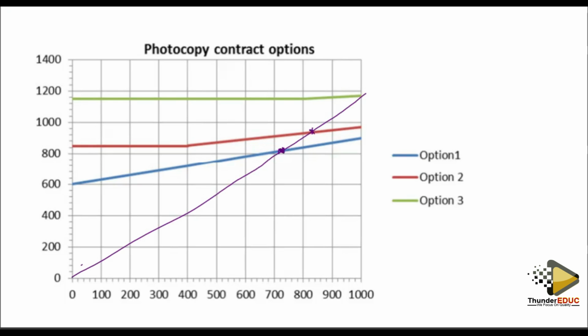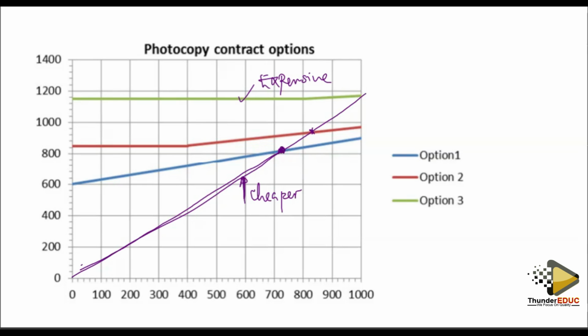And then how do we interpret? The lower the line, the cheaper it becomes. The higher it is, the more expensive it is. All right. So now what does it mean? For example, the line that I've just drawn, this one here, it will be cheaper until it reaches here.